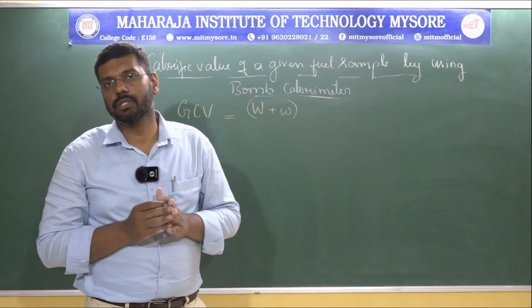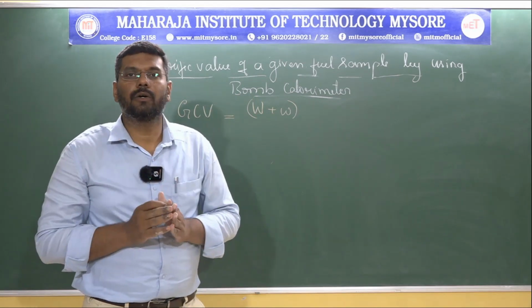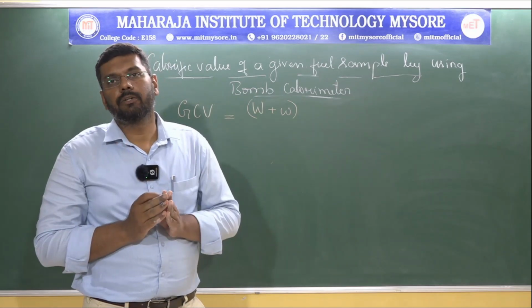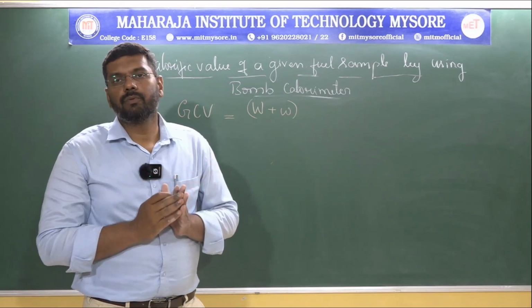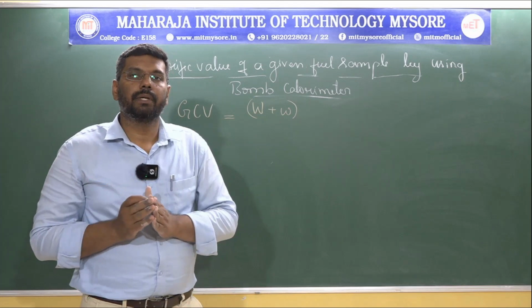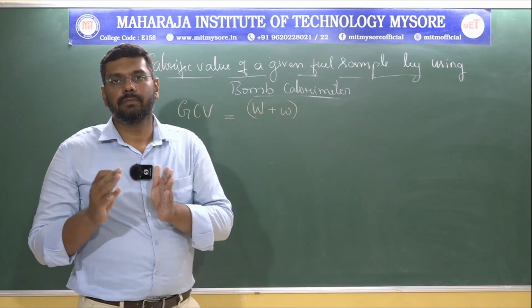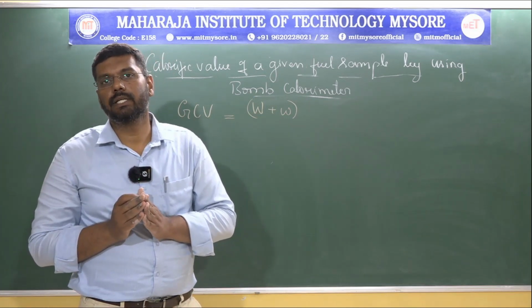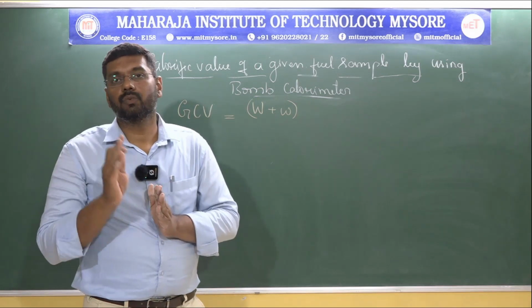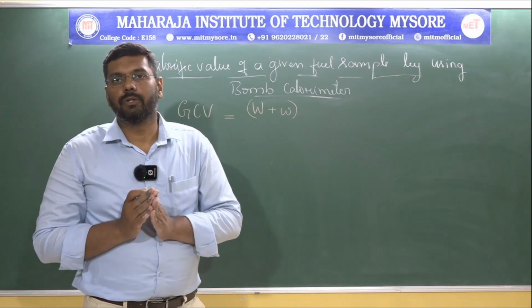Apart from the water, we place other components inside the bomb calorimeter, and the weight contributed by these containers is what we call the water equivalent of the calorimeter.